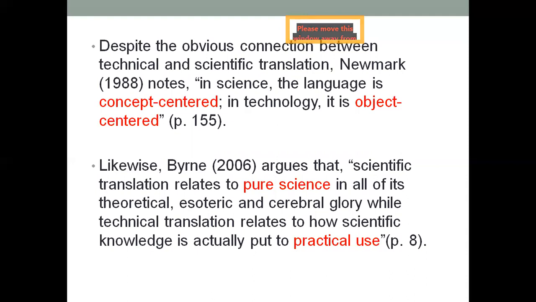Actually, concept centered means that scientific explanation, usually science or scientific language, deals with new inventions, new discoveries and new theories. So these theories and these discoveries usually cannot be touched, they are abstract things. So these are concept based or concept centered.